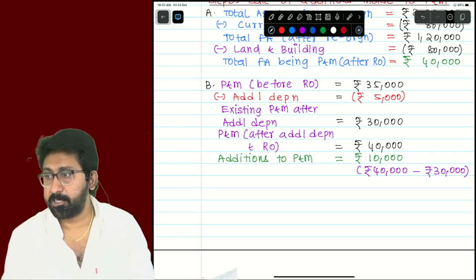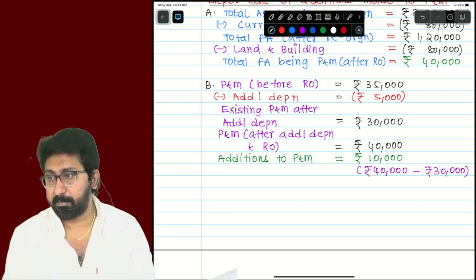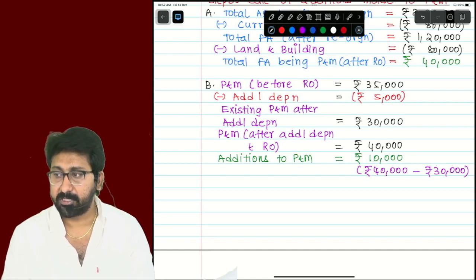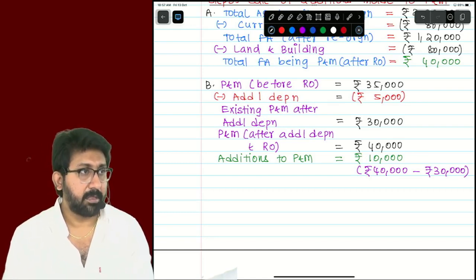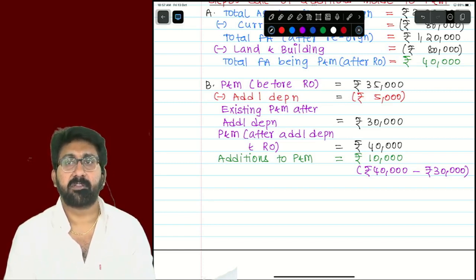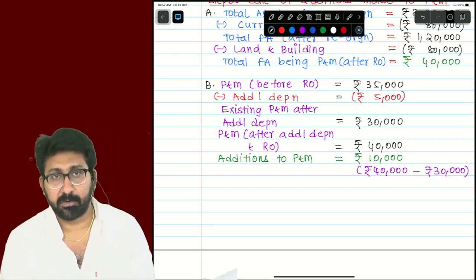So plant and machinery before reorganization minus additional depreciation, existing plant and machinery after additional depreciation. Plant and machinery after additional depreciation and reorganization is 40,000. So additions made is 10,000. Clear? So don't compare 35 and 40 because 35 is before depreciation, 40,000 is after depreciation. You can't compare like that.